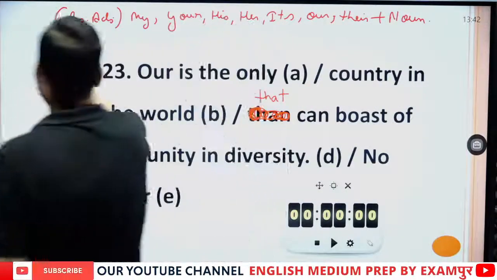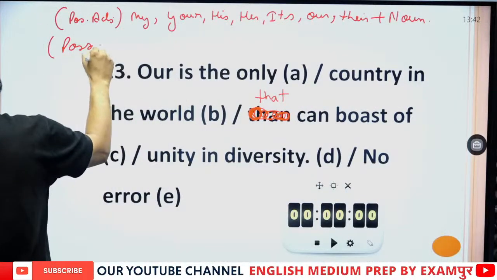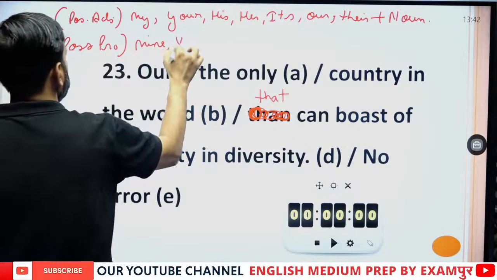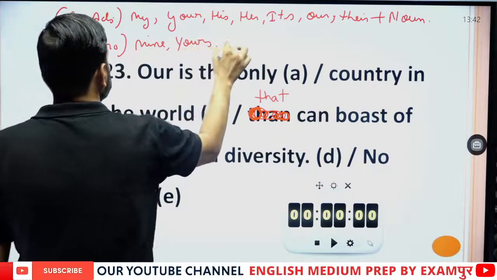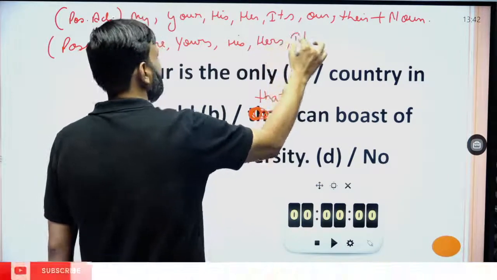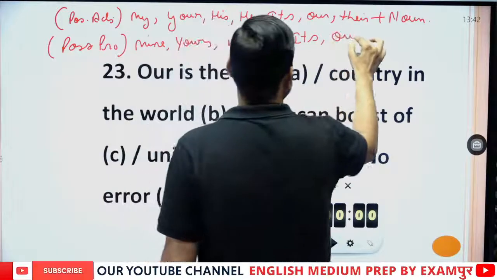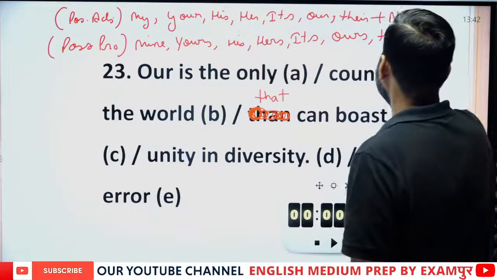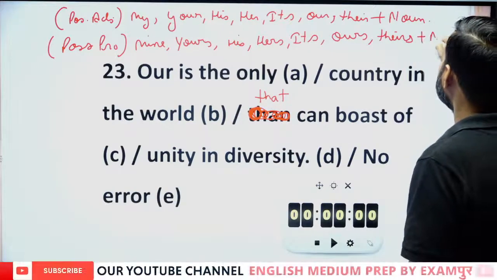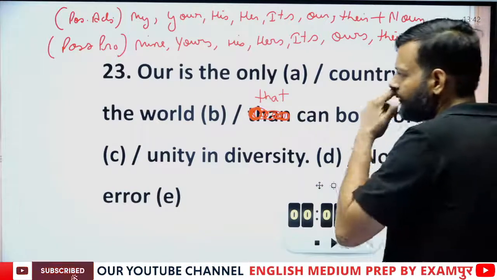And possessive pronouns are mine, yours, hers, its, ours, and theirs. These are possessive pronouns, and possessive pronouns are used where there is no noun.